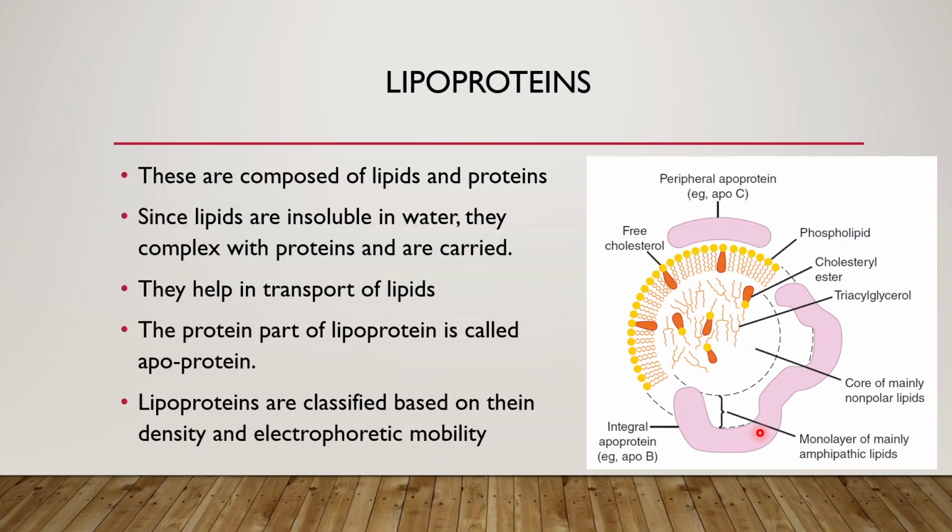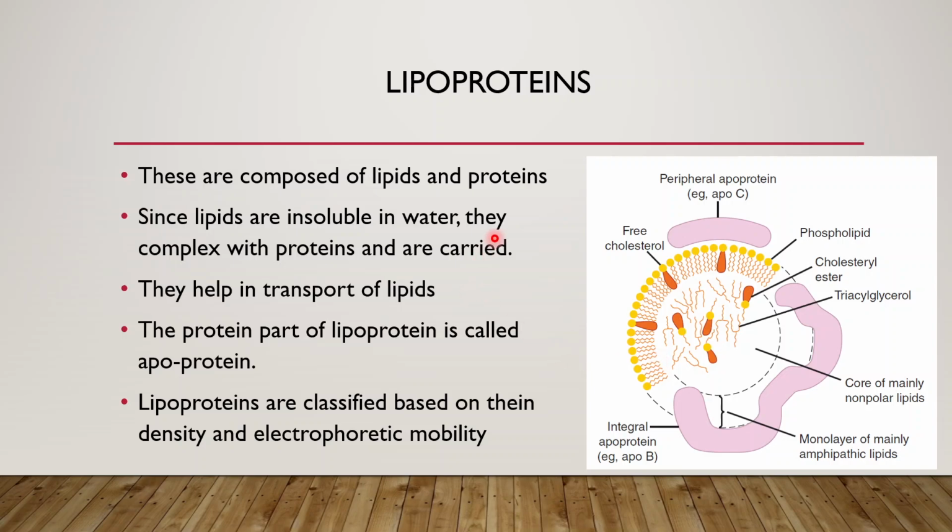The protein part is called apoprotein, whereas the lipid part is made up, mainly on the periphery, of phospholipids, which are polar, whereas the core is made up of cholesterol esters and triacylglycerol, which are non-polar.